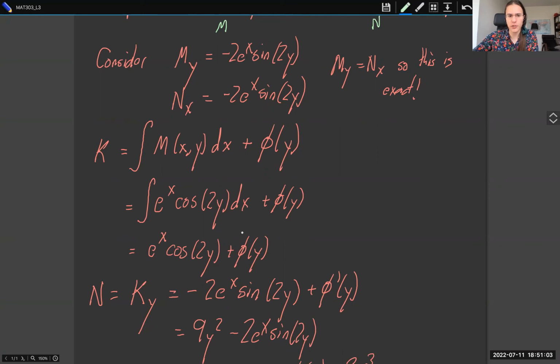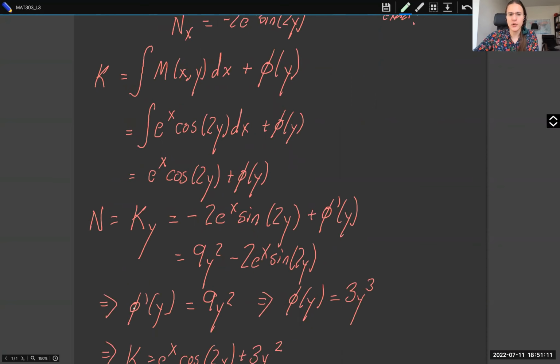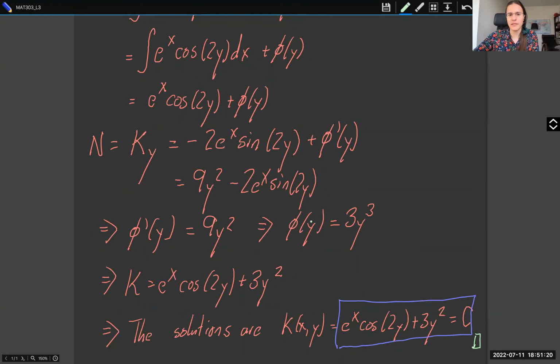So we partially differentiate this with respect to y. We get some expression, and then we compare it to N. And that tells us what phi prime is. Then we integrate phi prime, which should be a function of y. If it's not a function of y, something has gone very wrong. And then you solve for phi as a function of y by doing another integral, and then you get K, and then you know what the solutions to the differential equation are, right?